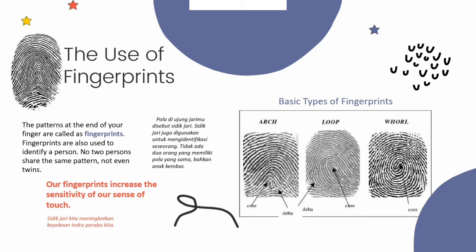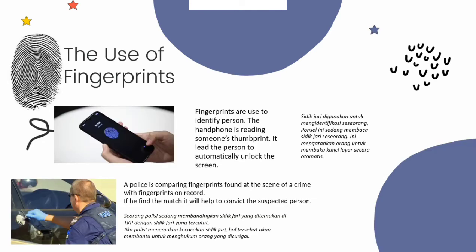There are basic types of fingerprints. They are arch, simple loops and double loops, and whirl. Fingerprints are used to identify a person. The handphone is reading someone's thumbprint.